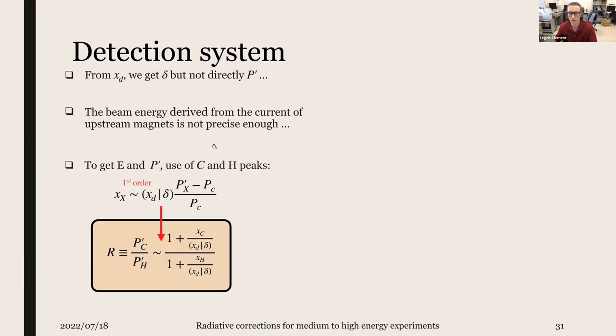So what we do is use the position of the carbon and hydrogen peak with this relation. The X position is related to the momentum of the scattered electron. If we express the ratio of the momentum of an electron scattered on a carbon nucleus and the momentum of an electron scattered on a hydrogen nucleus, we can write it as a function of the peak positions and the momentum dispersion.